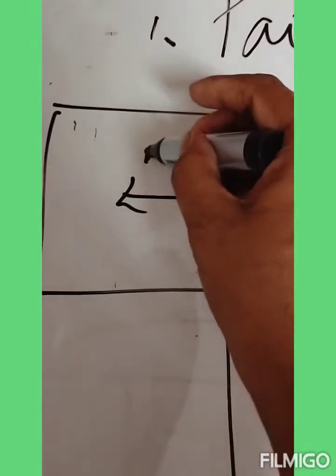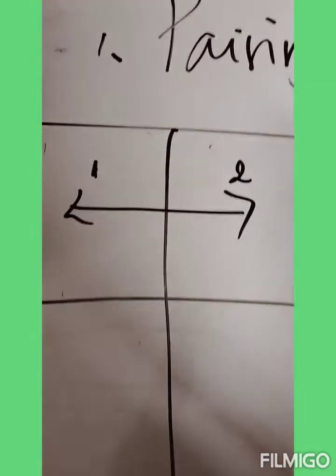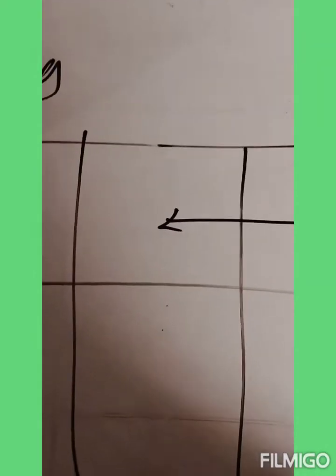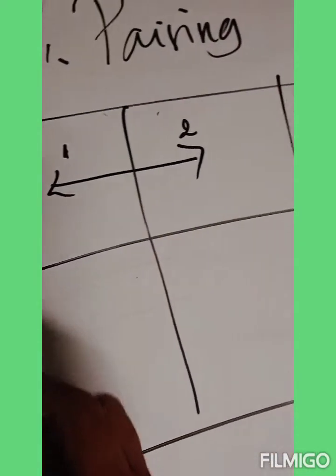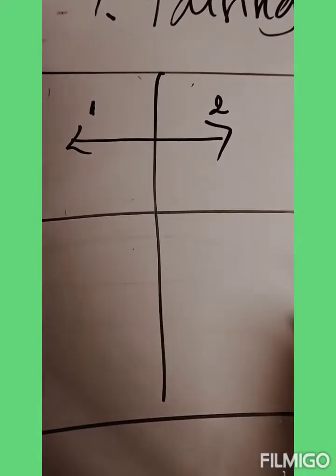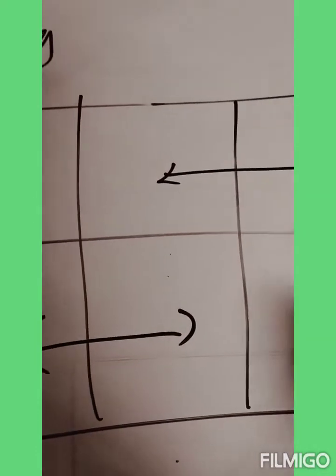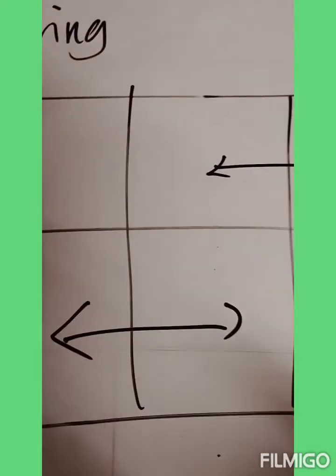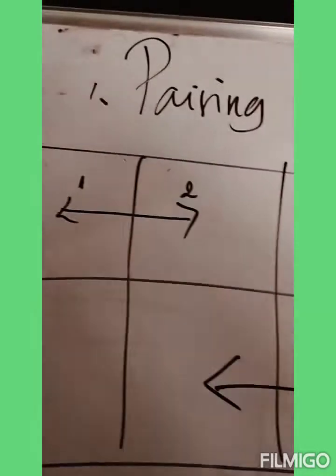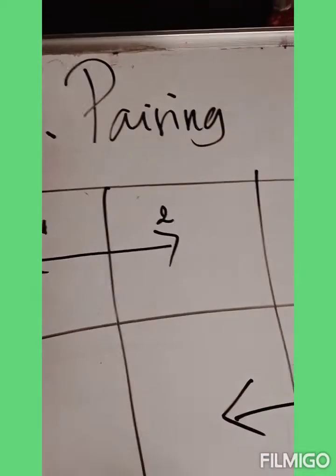Finger 1 and 2 will be the first pair. Finger 3 and 4 will be the second pair. Finger 5 and 6, the third pair. Then 7 and 8, the fourth pair. And then finger 9 and 10 will be the fifth pair. So what is the use of this pairing?